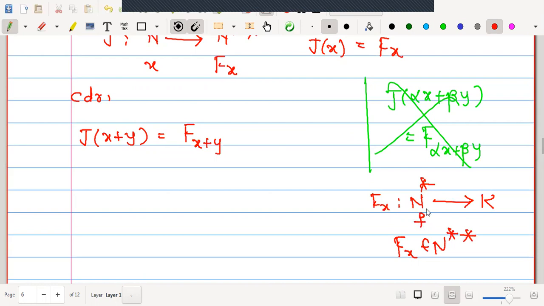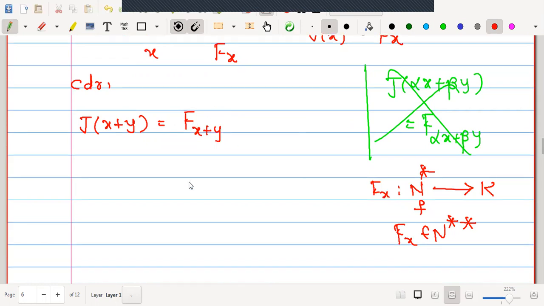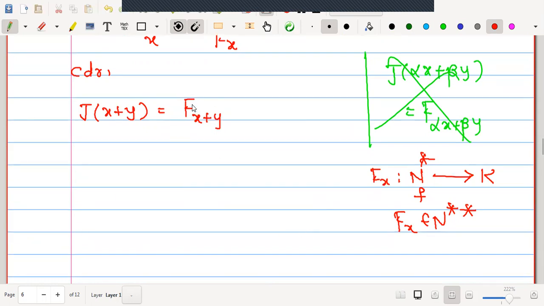Therefore, the element in the domain is a functional. So we should apply this on an arbitrary element in N star. Therefore, for any arbitrary f in N star, what do we have?